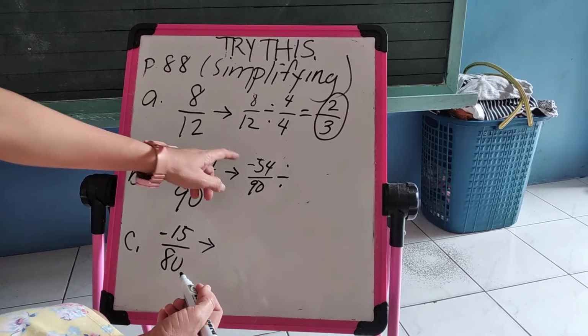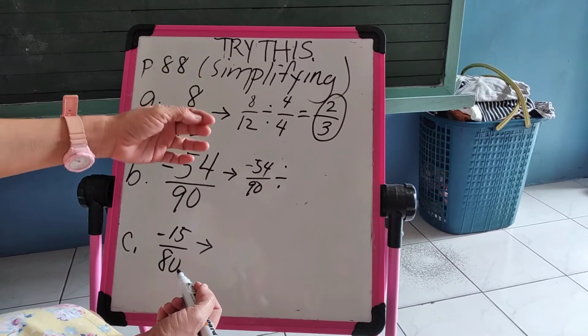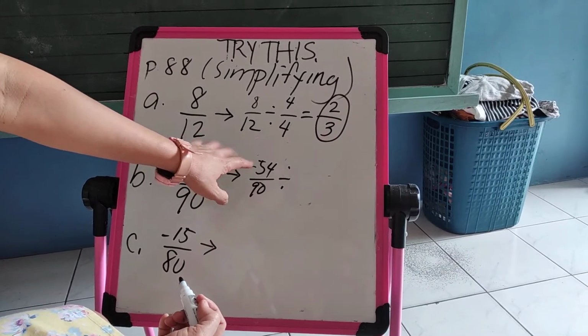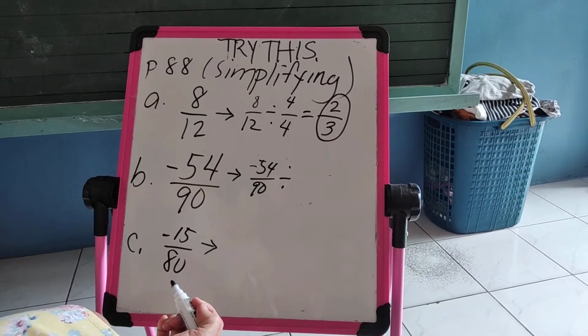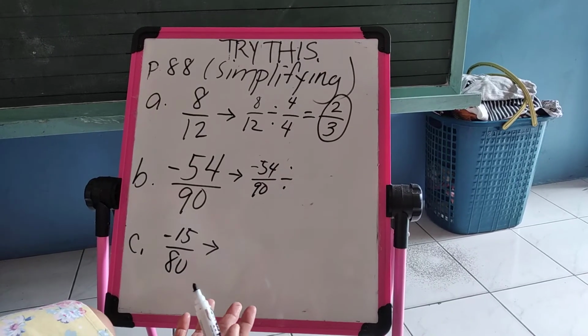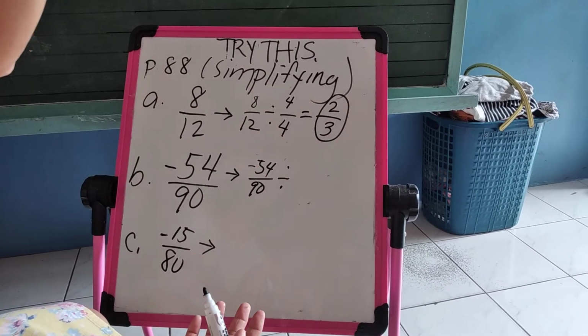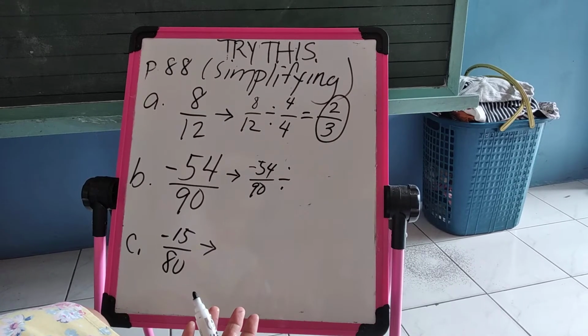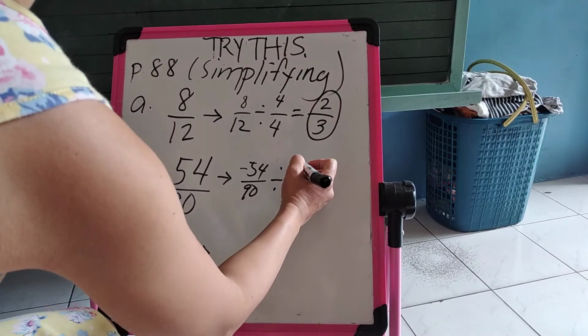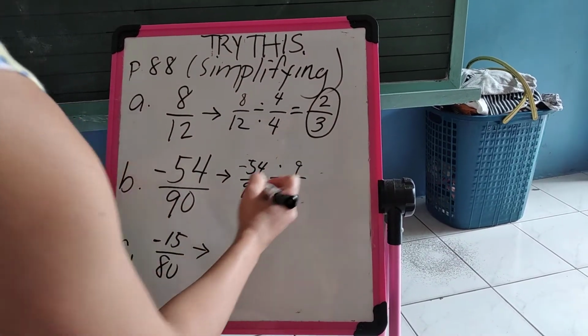How would you know that the number is divisible by 9? So check if it is divisible by 3 first. So 5 plus 4 is 9, right? 9 is already divisible by 9. So 54 is divisible by 9 and 90 is divisible by 9, of course. So divide by 9, both up and down.